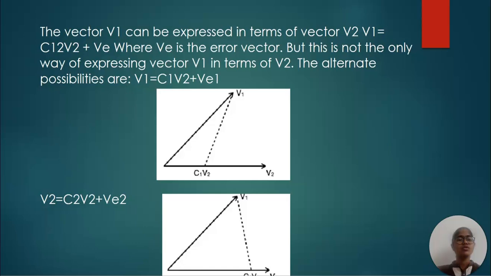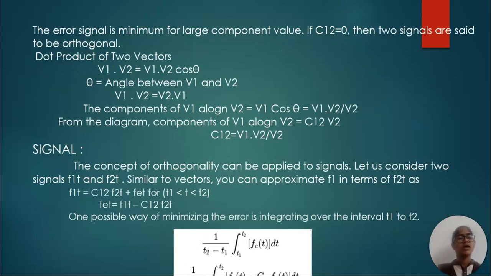The alternate possibilities are V1 equal to C1 V2 plus Ve1, where Ve1 is the error vector 1, and V1 equal to C2 V2 plus Ve2. The error signal is minimum for the large component value. If C12 equal to 0, then the two signals are said to be orthogonal.